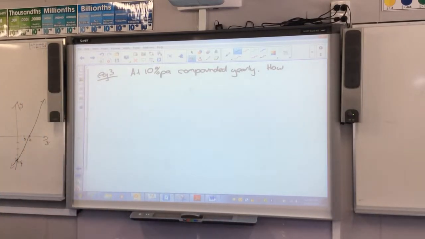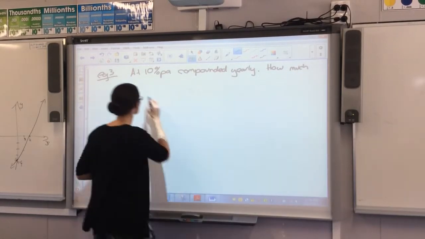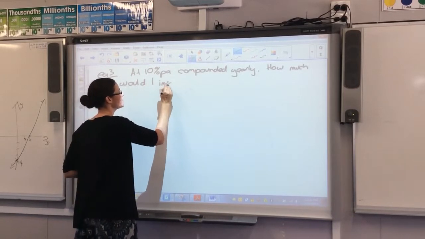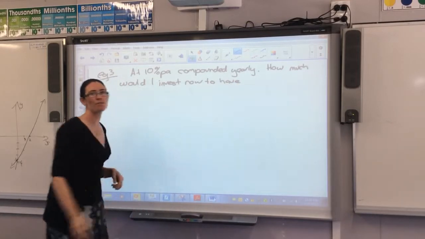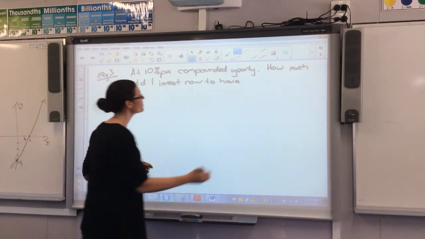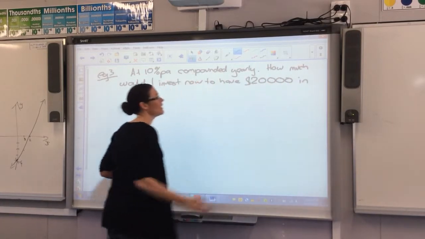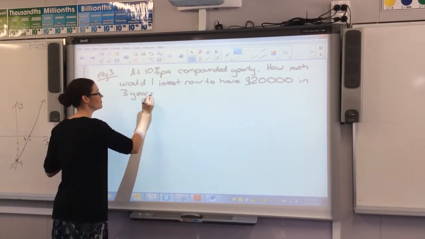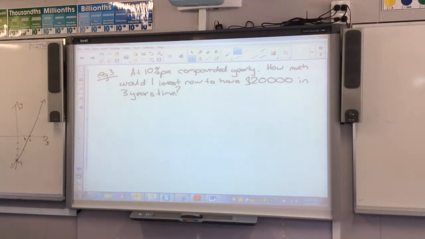This is what we're trying to find, our principal, our present value. I want to have $20,000 in 3 years' time. So I'm trying to find what has to happen for P.